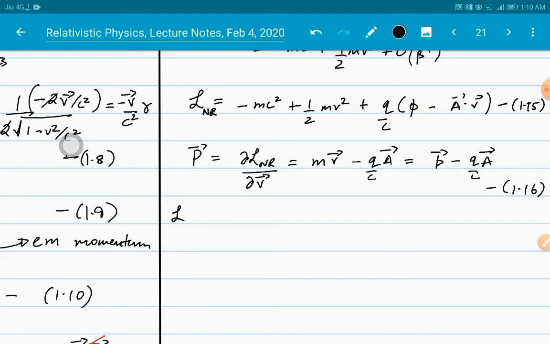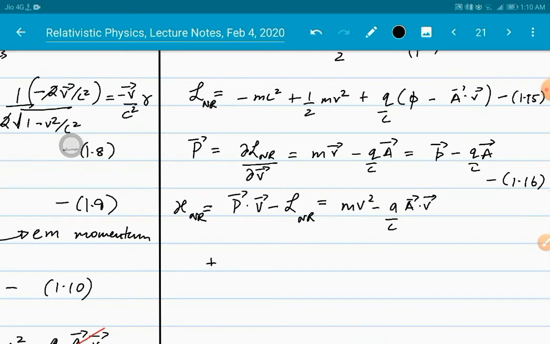And now the Hamiltonian similarly can be written as p dot v minus L, and so that becomes mv square minus q by c A dot v, and then plus mc square minus 1 half mv square plus q by c phi plus q by c A dot v.